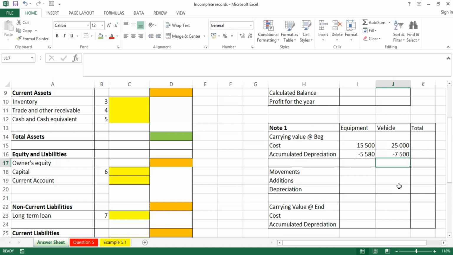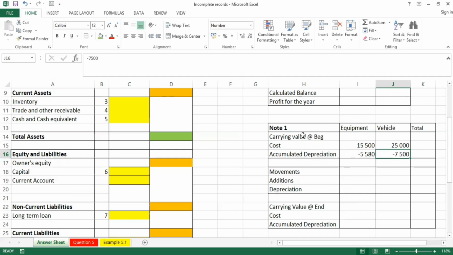The answer is shown as a negative amount, but please be sure that this is not how you show negative amounts in accounting. Any negative amount you must put in brackets, just to show that it's a negative amount.